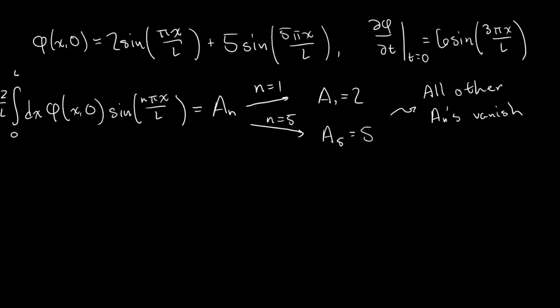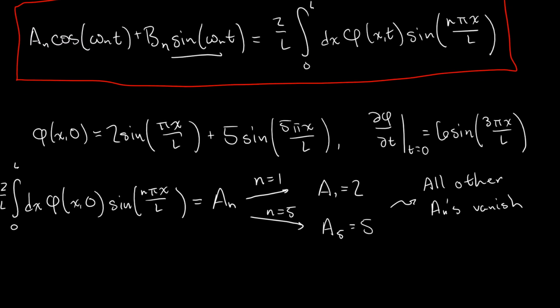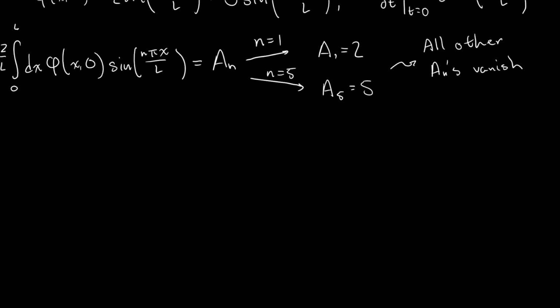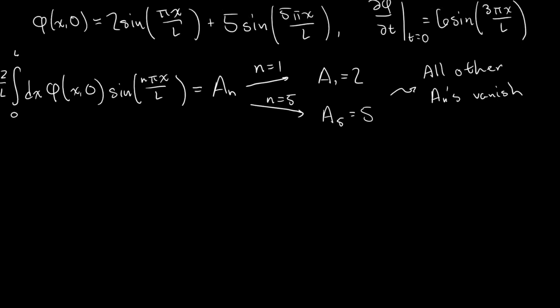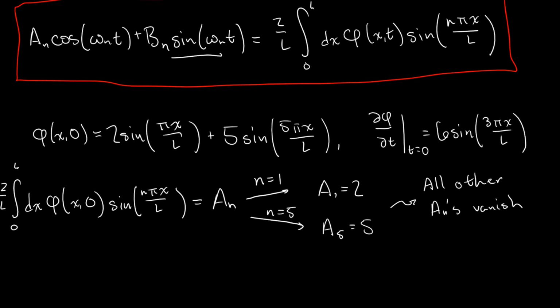Okay? So the second equation is going to be, well, it's not going to be exactly this, because first I have to take the time derivative, but it's essentially the same thing. Sorry to go back and forth like this.